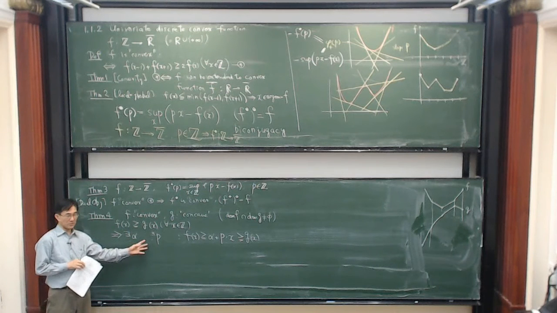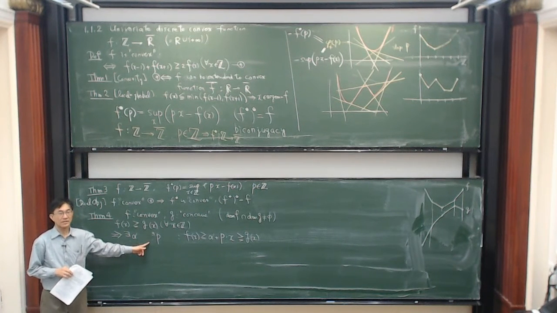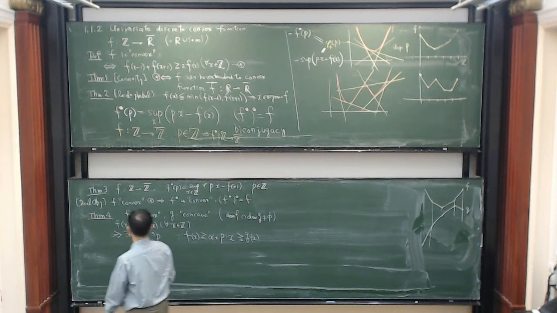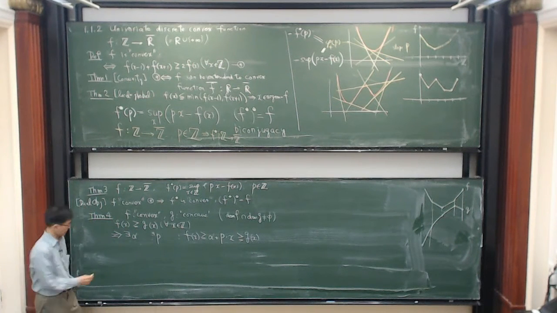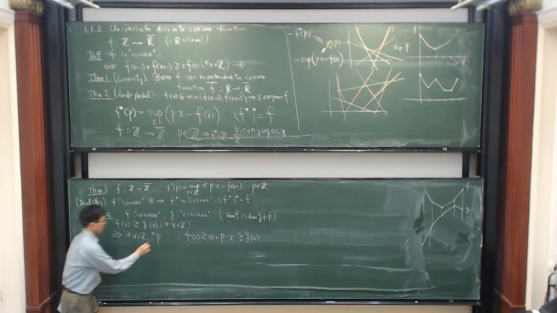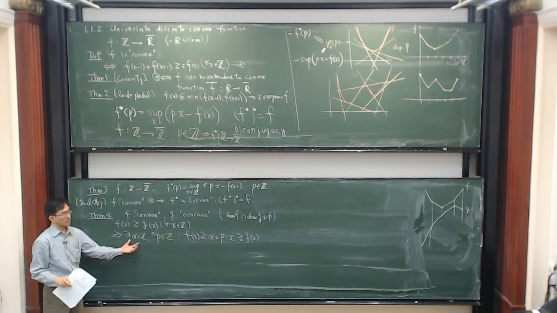I left some space. I insist that alpha should be an integer and p should be an integer.